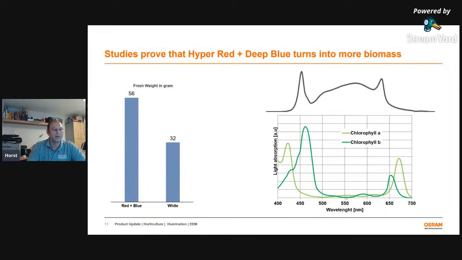But I'm sure in a couple of years we will investigate more and more, and we will have studies showing regions of wavelengths and what contribution they lead to. And not every plant is similar to the other one, so this will be a huge matrix. Of course, the white light, you can see here, is not as efficient as the combination of red plus blue.